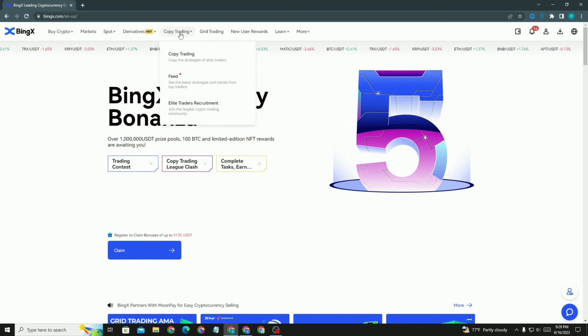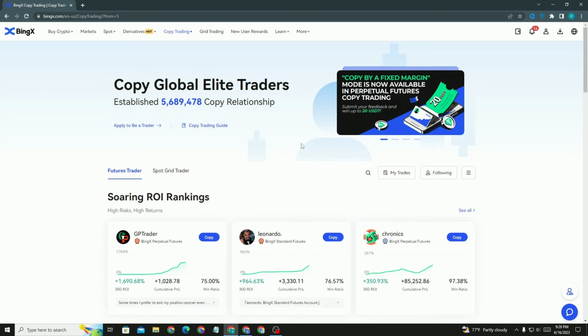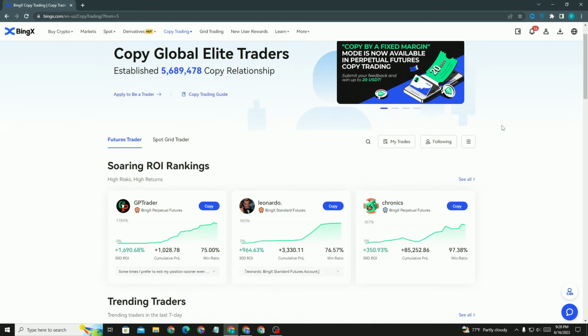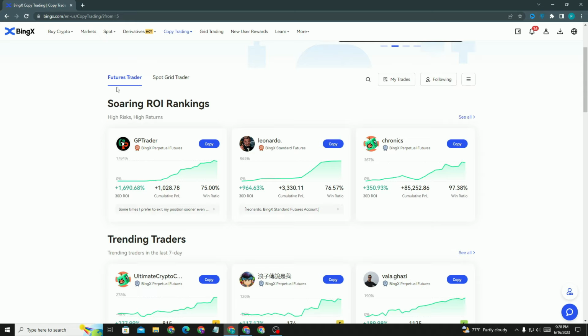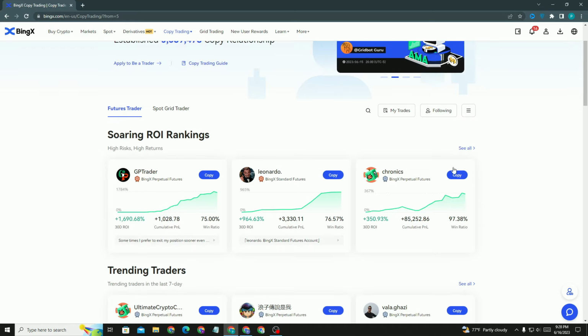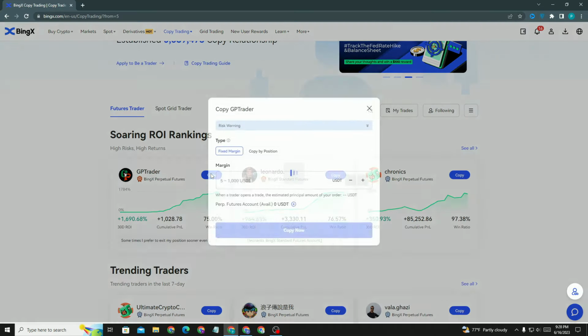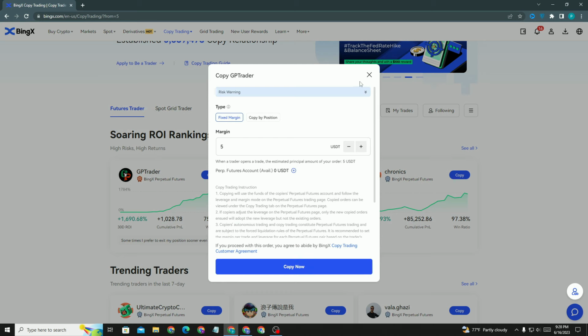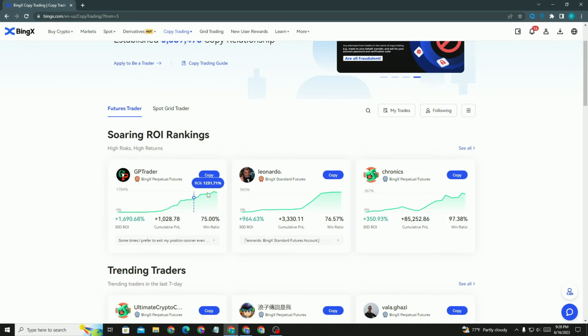Now we are moving to copy trading. So how you can start trading here, in detail I'm going to provide you the information. I have already clicked on copy trading, and here you can see the copy traders, the futures traders. If you want to copy, then you first need to analyze their profile, how much profit percentage they have.